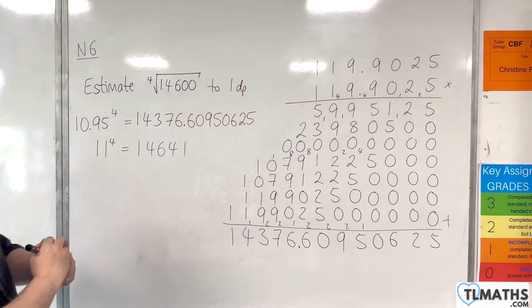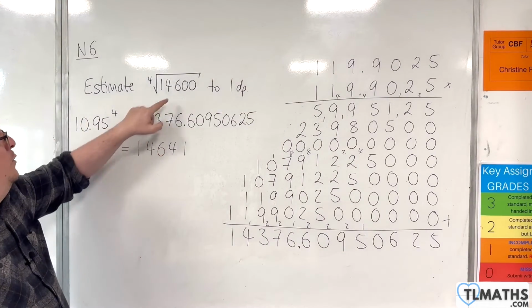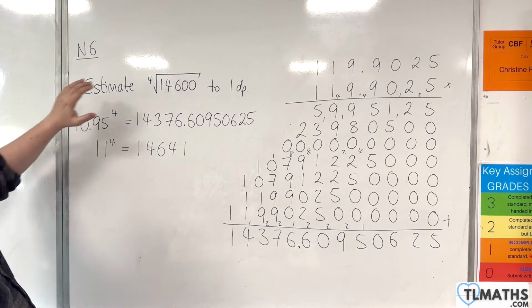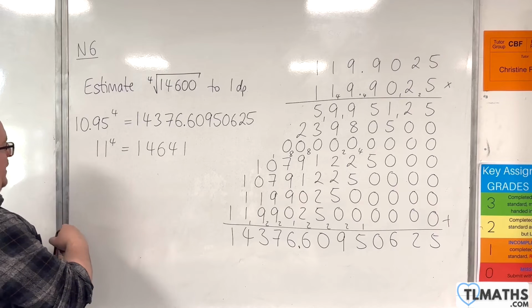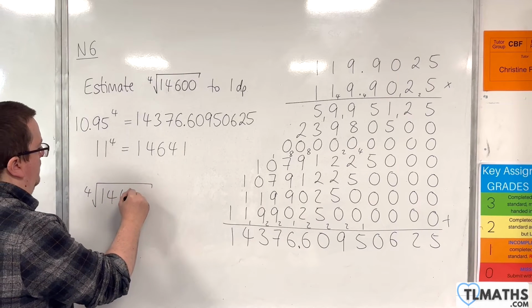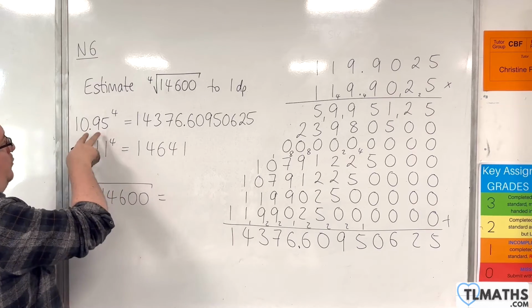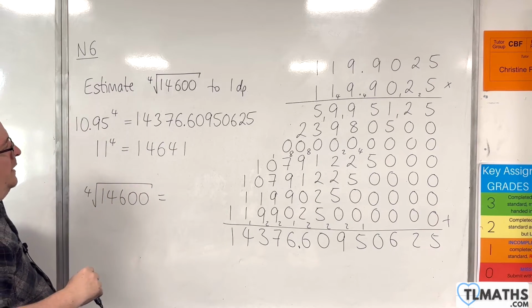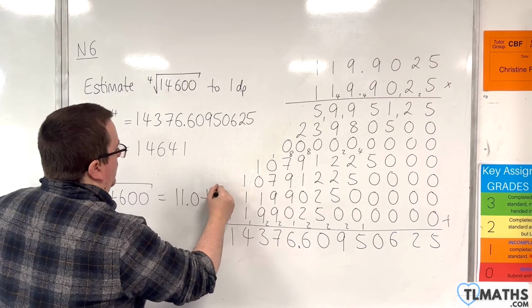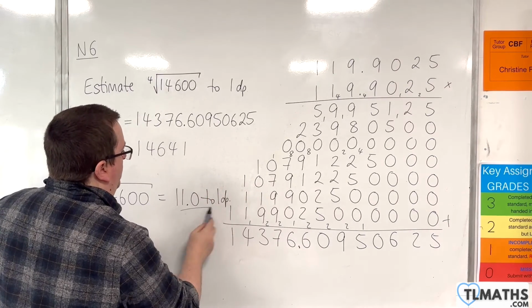So because that result is below the 14,600, that must mean that the fourth root of 14,600 has to be between 10.95 and 11. And that is a number that rounds to 11.0 to 1 decimal place.